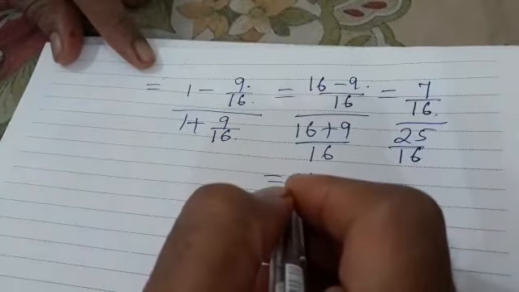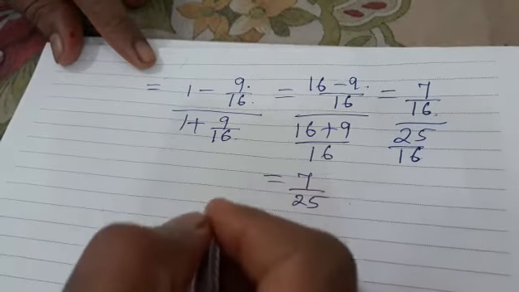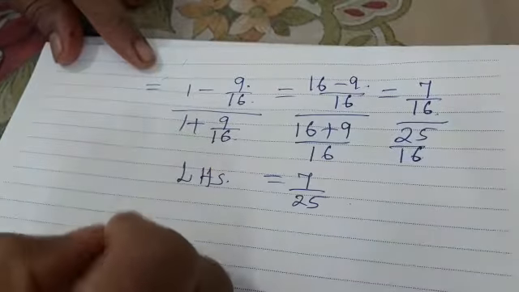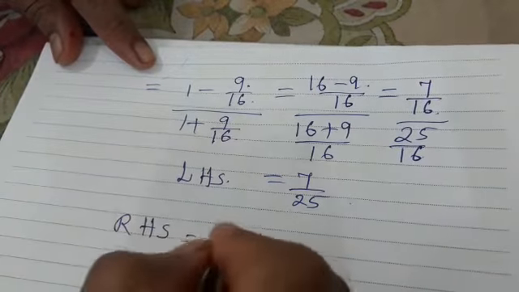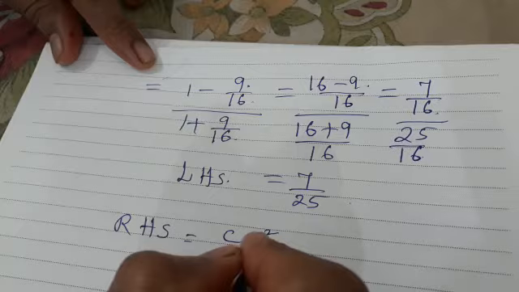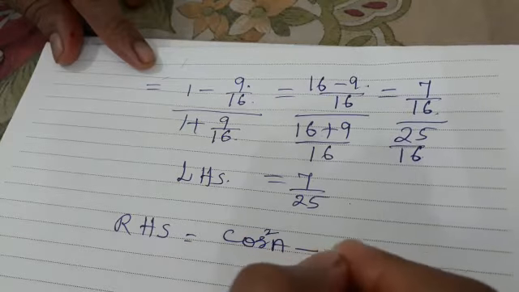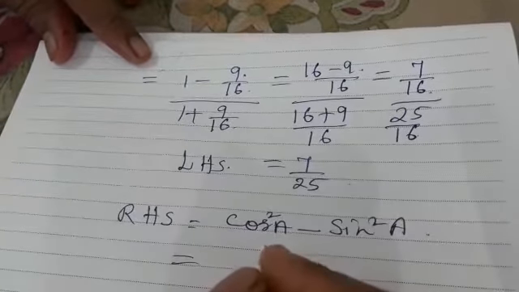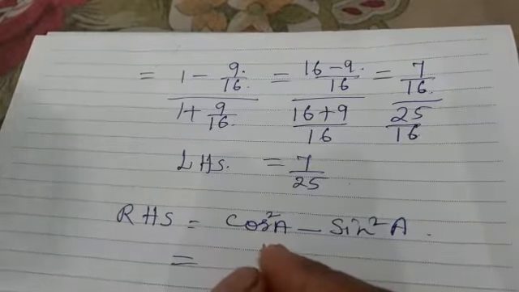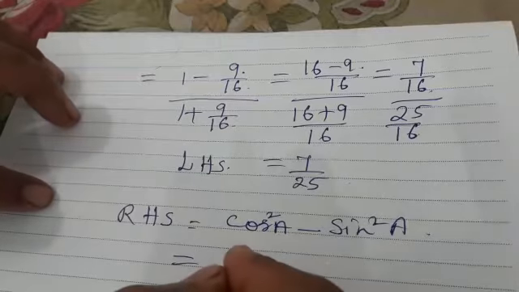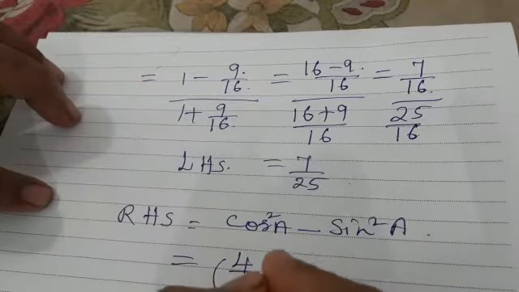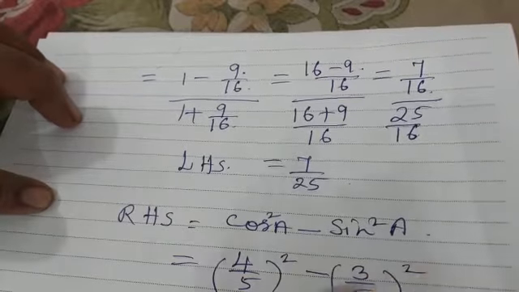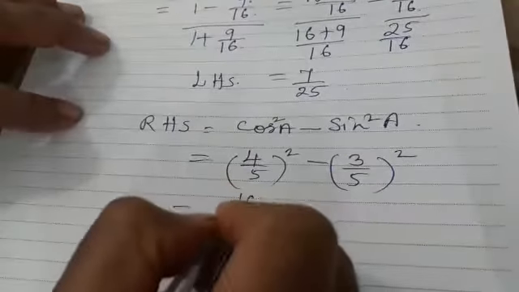Similarly, now I will check for cos squared A. This was my LHS. Now I will check for RHS also: cos squared A minus sin squared A. My cos A was 4 by 5 and sin A was 3 by 5. So 16 upon 25 minus 9 upon 25 gives 7 upon 25.